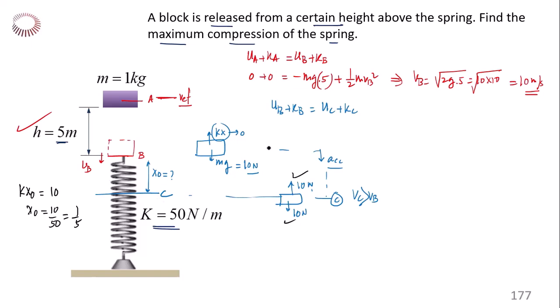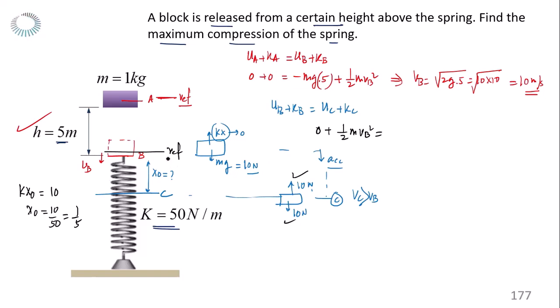So at point C, I want to calculate the velocity. Again, I am taking the reference at point B. So UB is 0, and KB is half m v square, which we have already got. And UC is the gravitational potential energy, along with the spring energy.